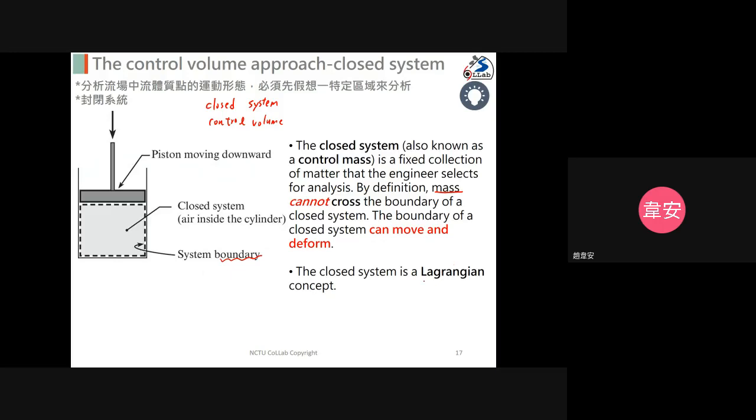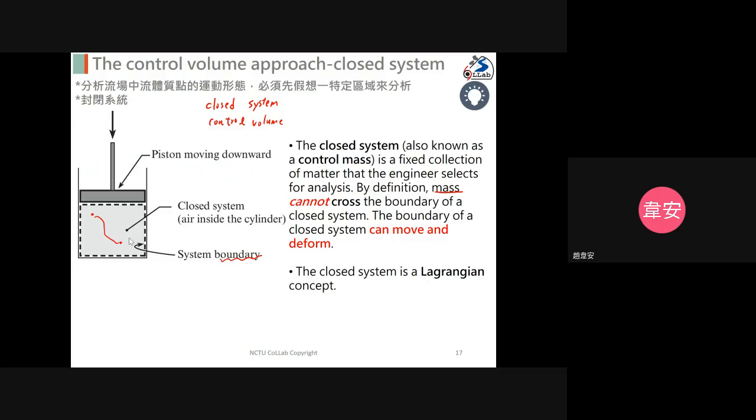As I said, the Lagrange concept is you pick up a fluid particle, and then you can observe how the fluid particle changes at different time points. Because in the closed system we fix the system boundary with the dashed line shown here, we can easily pick up one fluid particle and check the particle trajectories at different time points.